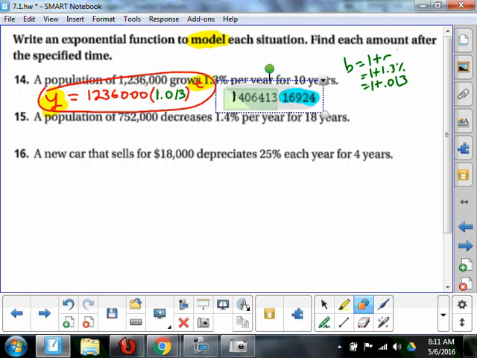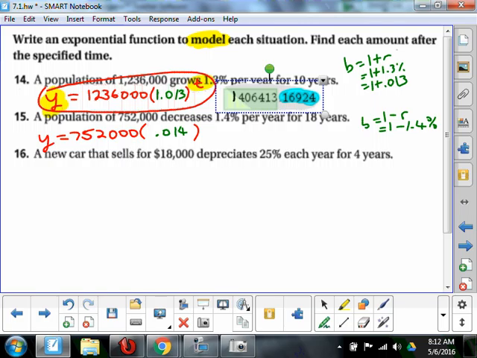Okay, number 15 then, we're talking about a population decreasing. 15 is going to be y equals 752,000 times. Here we're going to use b is 1 minus r, 1 minus 1.4%. So here's a common mistake that people want to make here. People want to put in for their b value 0.014.